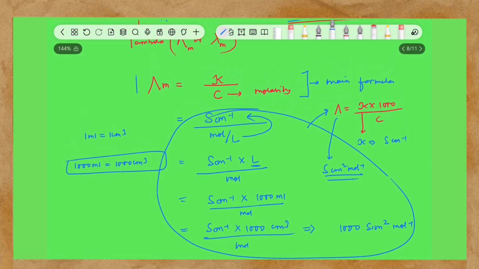Now, if I have concentration in terms of mole per liter, and kappa is in Siemens per meter, then we have to change it into centimeter, or we have to change the denominator concentration in terms of ml or centimeter cube. This portion I will discuss in the next part. So thank you so much.